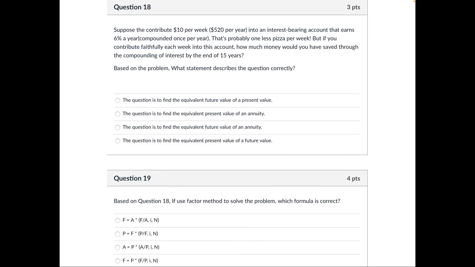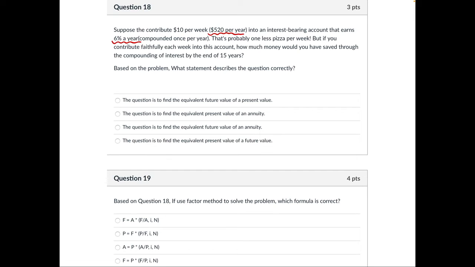Question 18, it's another problem. So suppose they contribute $10 per week. So $10 per week is equal to $520 per year. So you're contributing this much money into an interest-bearing account that earns 6% a year. Okay, this 6% is compounded per year. Which means if you're using 6%, you're going to use the $520 per year as your annual investment instead of $10 per week.